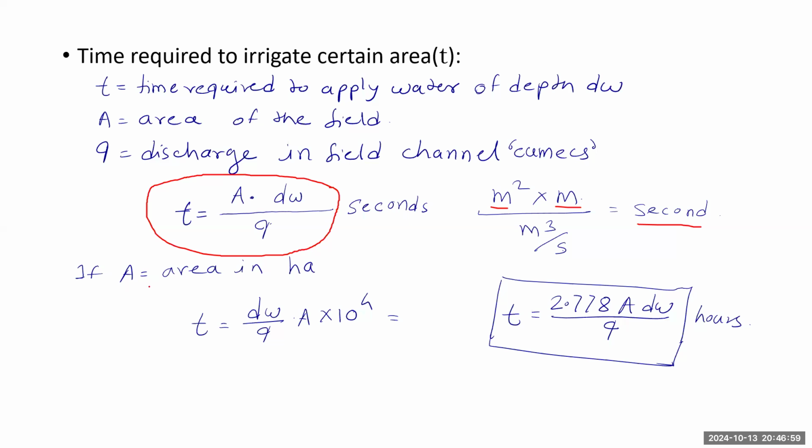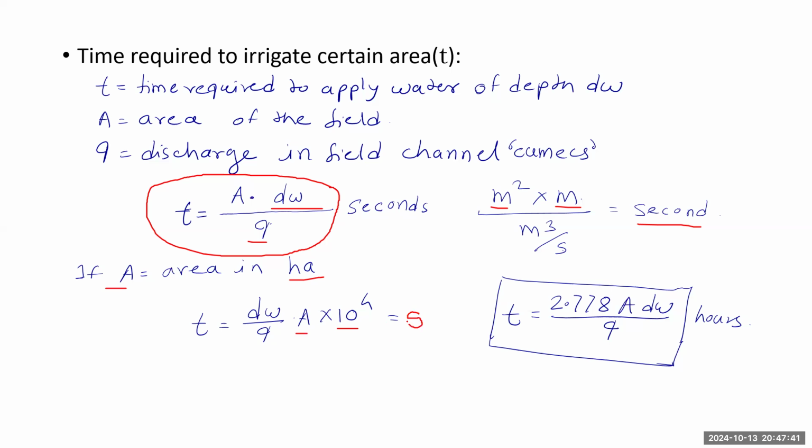Now, if this area A is given in hectares, then the formula is T equal to A into 10 raised to 4 into dW upon Q. Since area is given in hectares, it is multiplied by 10 raised to 4 so that the area will be in square meters. We know that 1 hectare is equal to 10,000 square meter. So it is necessary to multiply area in hectare by 10 raised to 4, so that we get the answer for T in seconds.